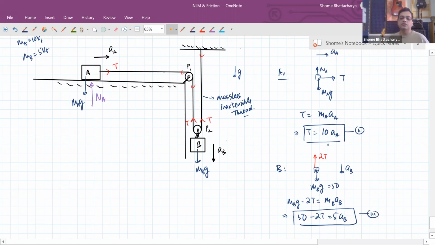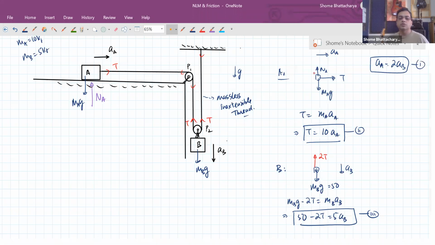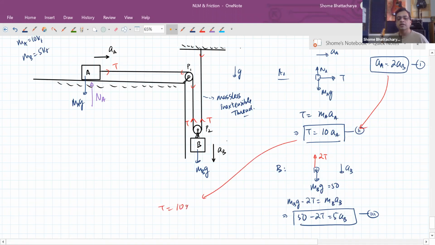And remember, our first equation was the constraint relation: acceleration of A is twice the acceleration of B. So we have to solve this system of equations. We'll substitute this here first, so this equation becomes T is equal to 10 into 2 times acceleration of B, or 20 a_B.